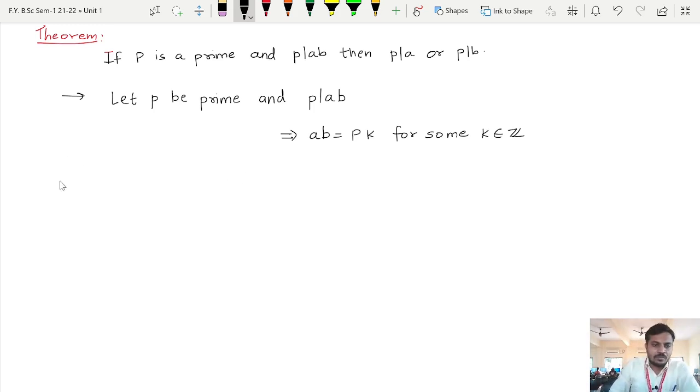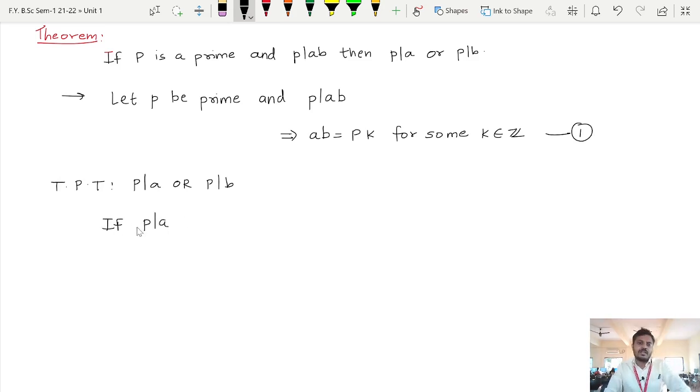Now what we have to prove? To prove that P divides A or P divides B. If P divides A, then there is nothing to prove. Actually, we have to prove P divides A or P divides B, right? So if P is dividing A, then there is nothing to prove.